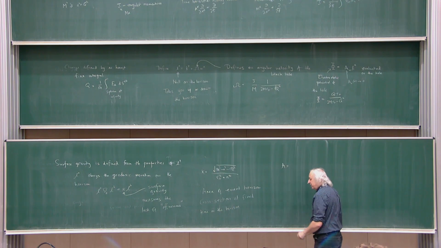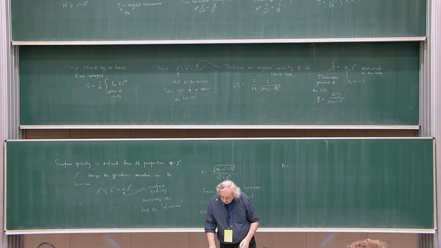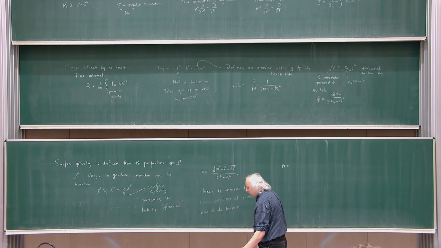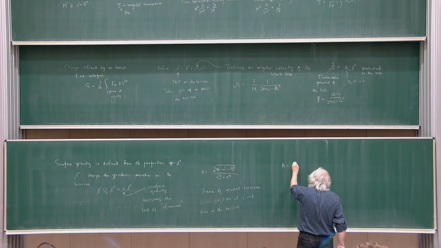And if you evaluate this for Kerr-Newman, you will get 4 pi, let's write it in a nice way, 16 pi into r plus squared plus a squared.